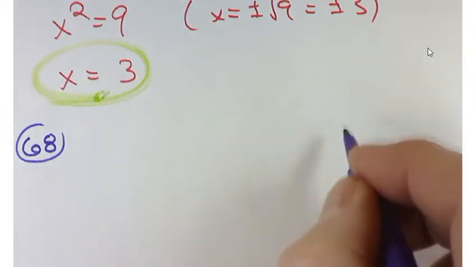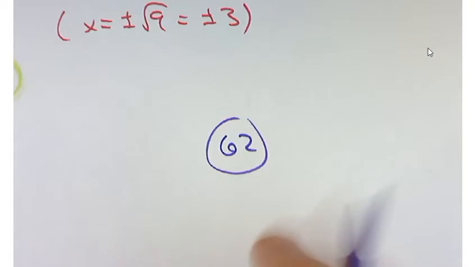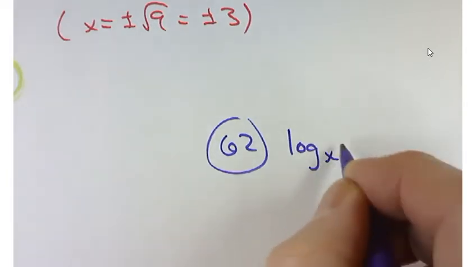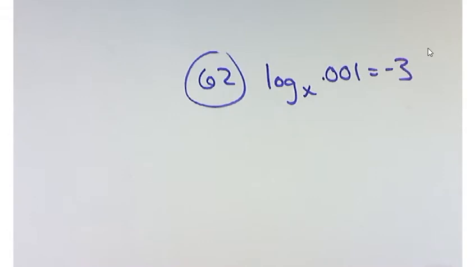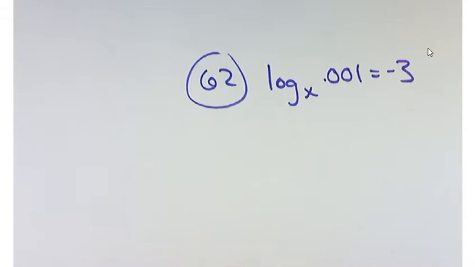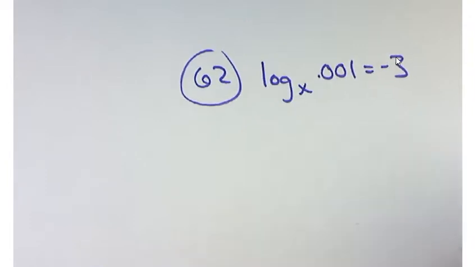So we're going to do 62 over here. Log base x of 0.001 equals -3. Well, we're kind of stuck in the same place we were before. And that is, we got x, which we can't get our hands on very easily, so then what?